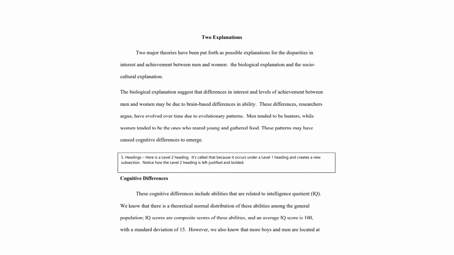Level 2 headings come inside of level 1 headings. So this paper introduces the idea that there are 2 explanations for gender differences. One is cognitive differences. This is actually a section inside the 2 explanations, so it is a level 2 heading. It does not get centered. It gets left justified.